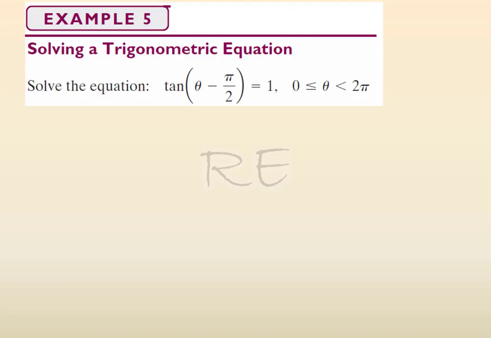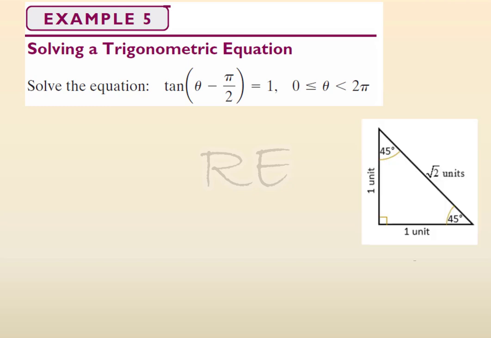Solving a trigonometric equation. Solve the equation tangent of theta minus pi over 2 is equal to 1 with theta between 0 and 2 pi. From the triangle 1, 1, square root of 2, the reference angle is pi over 4.